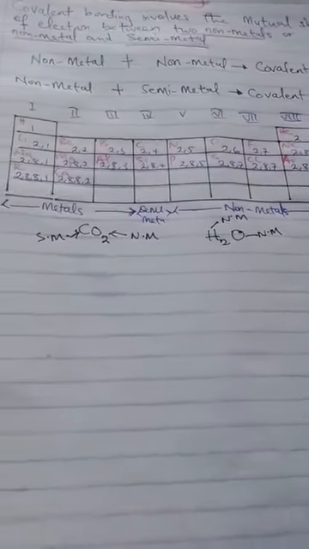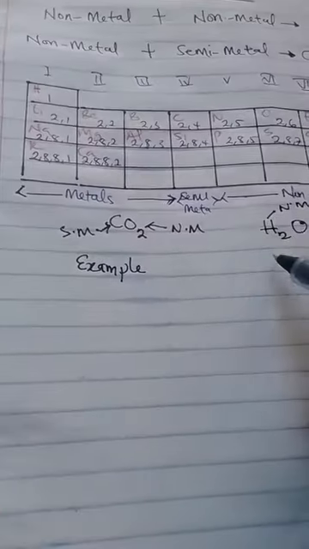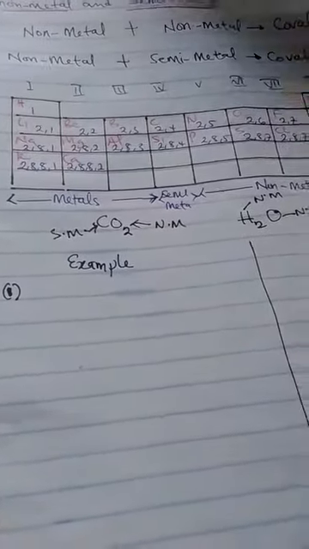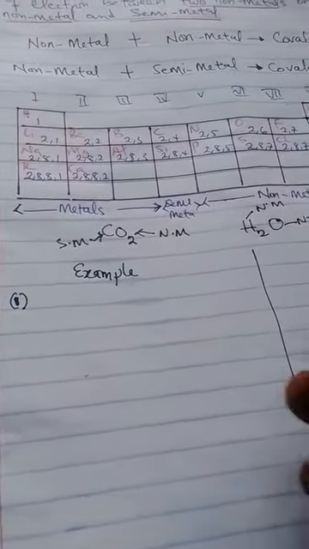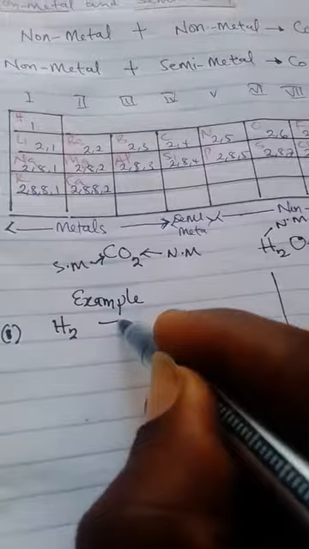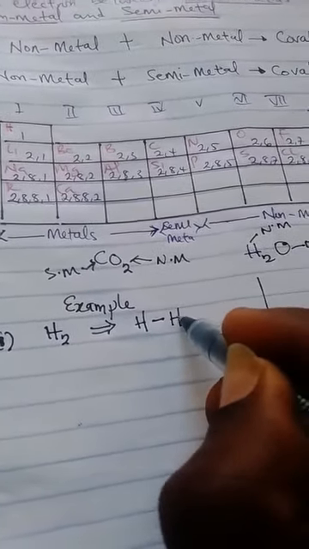So let's see how we can form covalent bonding. Let's look at an example. Number one, I'm going to do covalent bonding between two non-metals that are the same. Let's start with H2, which is between hydrogen and hydrogen.